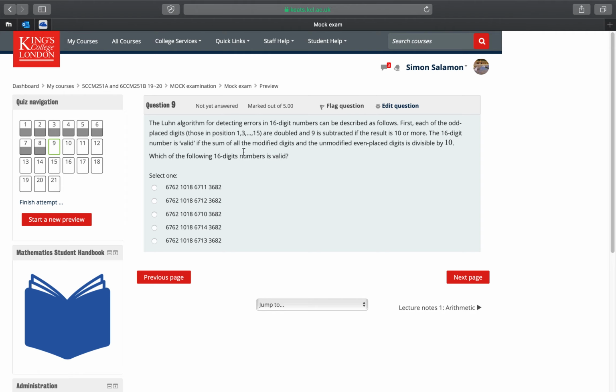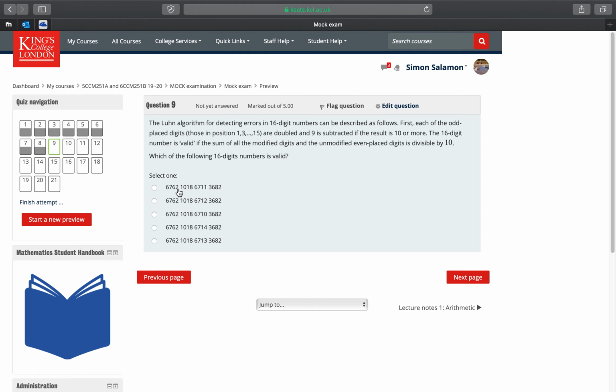you modify the first and the third and the 5th digits and so on. So let's see if I can do that on the screen. First of all, let's add up the digits you don't modify. The digits we don't modify are the even placed ones.